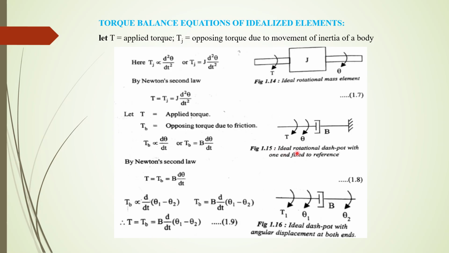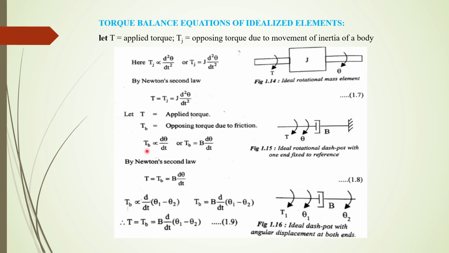Second element, ideal rotational dashpot with one end fixed to reference. Here T is the applied torque, theta is the angular displacement, and B is the dashpot element.